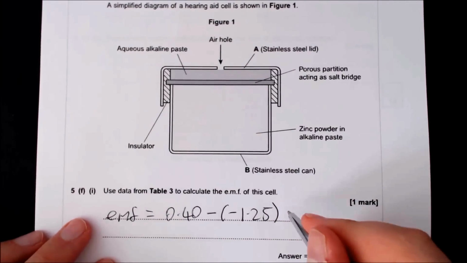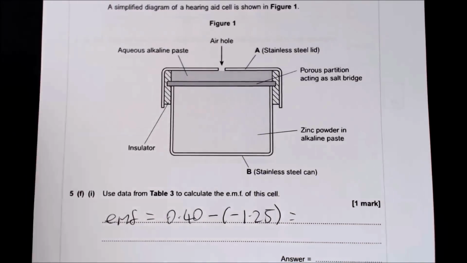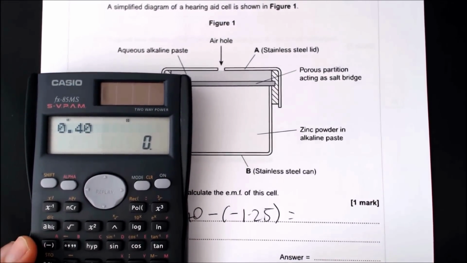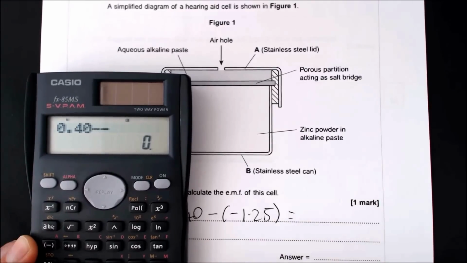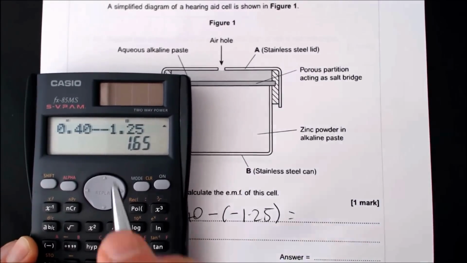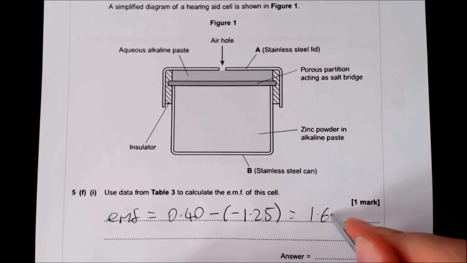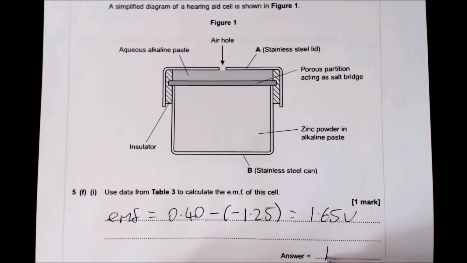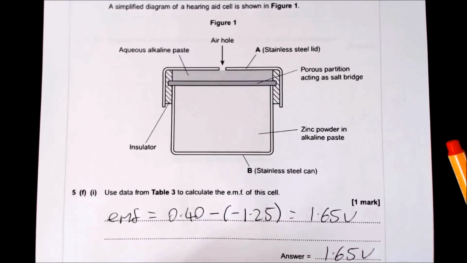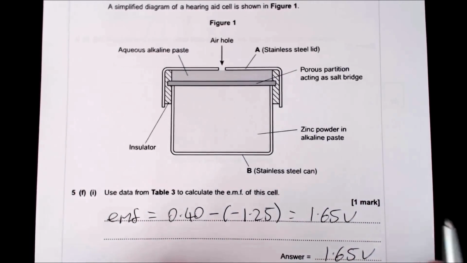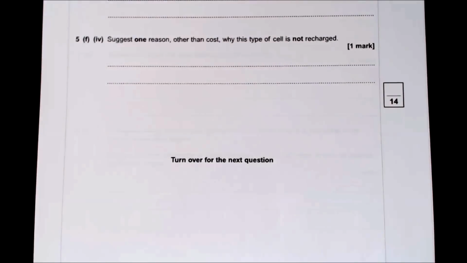If we put that into our calculator, 0.40 minus minus 1.25, that should give us 1.65 volts. So there's our answer, 1.65 volts, and obviously that gets you the mark there. Okay, and then on to the next part.